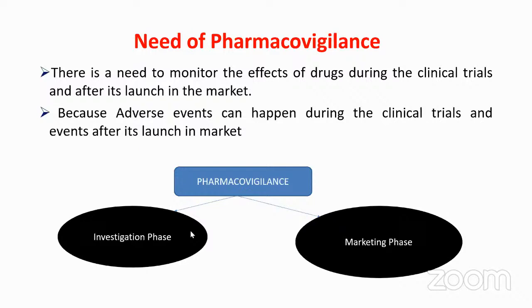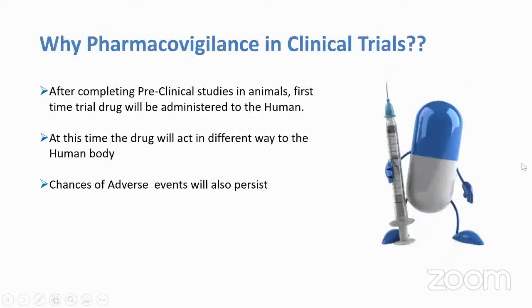But once the drug is released into the market, regardless of gender, age, ethnicity, geography or heredity, millions of people take the drug. So there is a chance of getting new errors that were not discovered during the investigation phase. That's the reason pharmacovigilance has a huge impact after the release of the drug into the market.